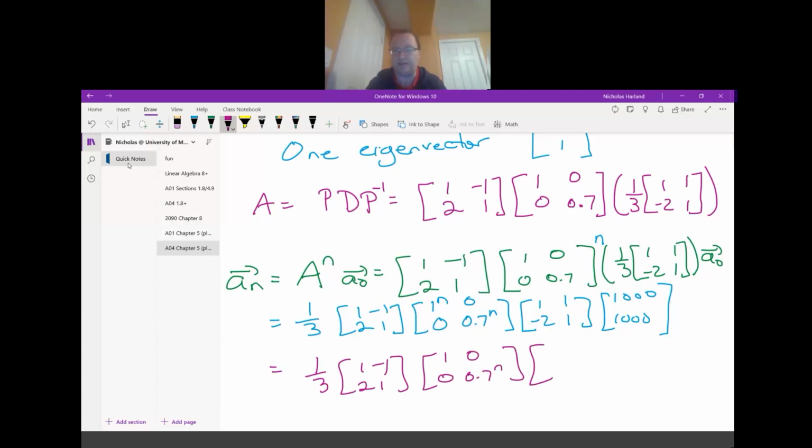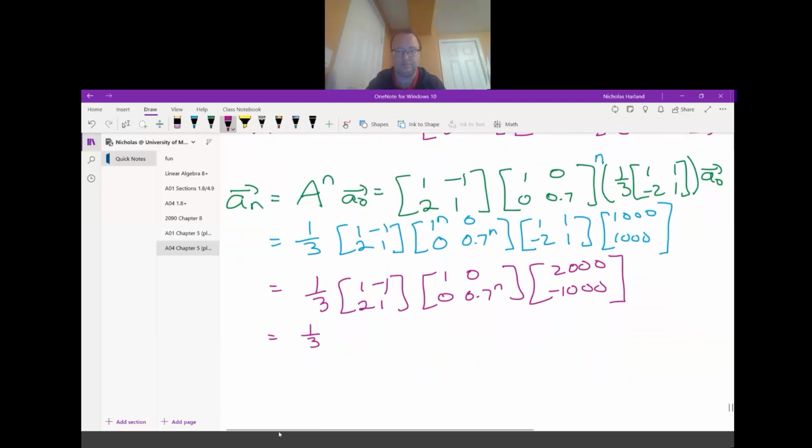All right, multiplying the last two again. Matrix multiplication is associative, so you could multiply the first two together. The last two doesn't really matter. What's that? Negative 1,000. Here we would get, what's that? 2,000 and negative 1,000 times 0.7 to the n.